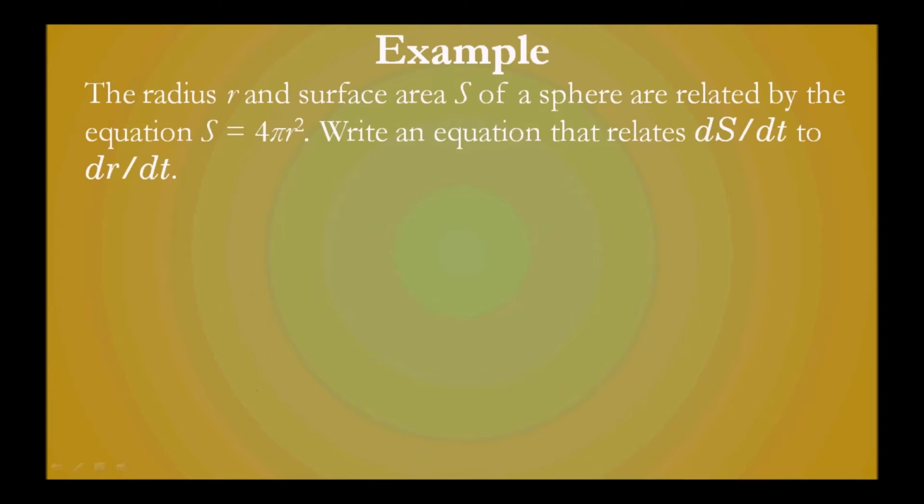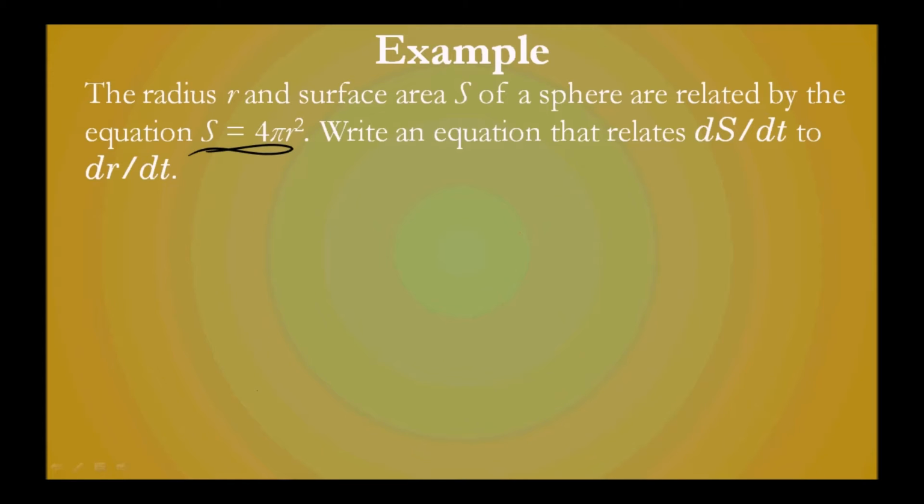The radius r and surface area s of a sphere are related by the equation s equals 4 pi r squared. Write an equation that relates ds dt to dr dt. So this is our equation for the surface area of a sphere.